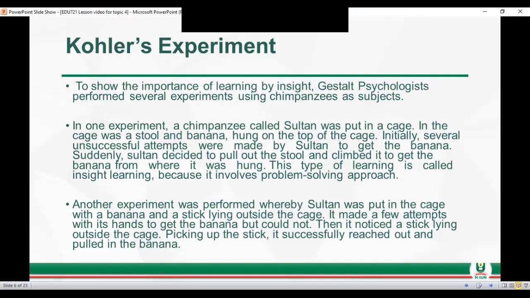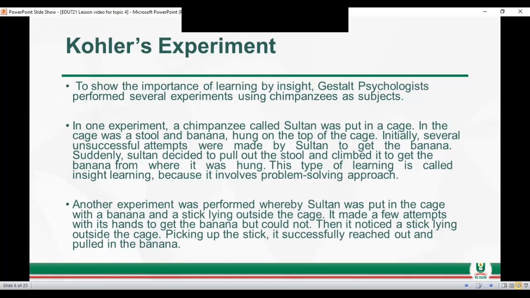Look at the series of attempts he made at arriving at the solution to that problem. Pulled out the stool, climbed on it to get the banana that was hung on top of the cage. Without a higher level of thinking skills, he couldn't have been able to do it.